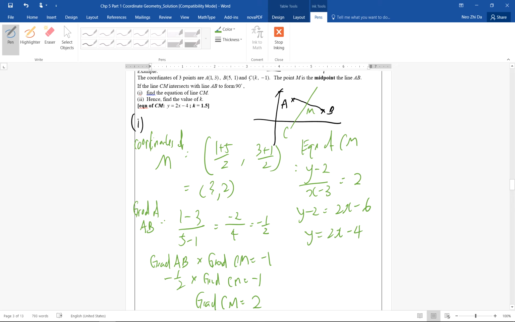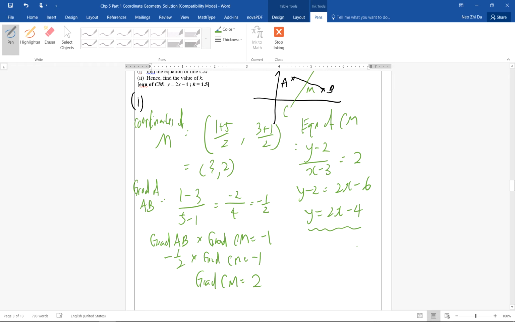You already have the equation of CM, and you know the y coordinate of C. How to find the x coordinate? When you substitute y equals negative 1 into this equation, the answer will be k. That will be our x value.